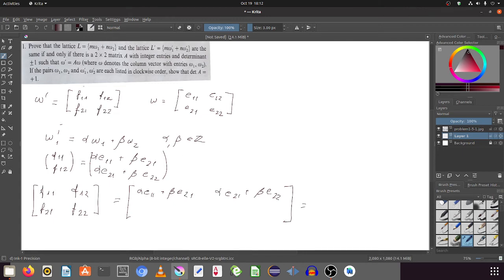And it should be written as some matrix times the omegas. I realize this is trivial, but it's work that has to be done nevertheless. So this must be alpha and this must be beta.